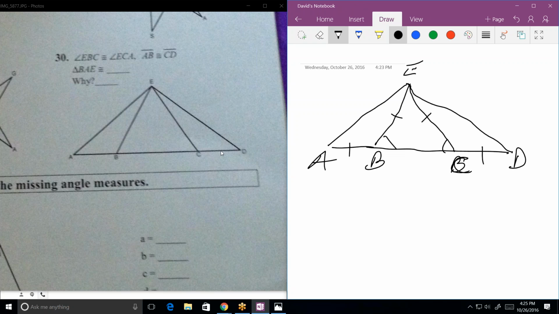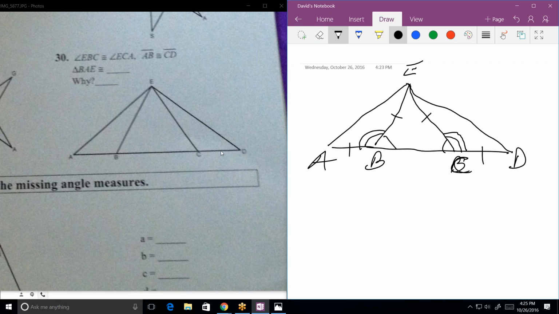So now we have the fact that this angle is congruent to this angle, which also means, since that's supplementary, that has to be congruent to that angle, right?